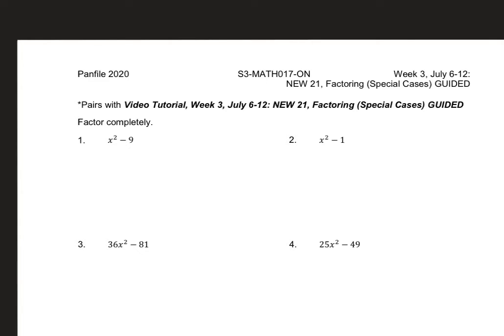But your perfect square numbers are 1, 4, 9, 16, 25, 36, 49, 64, 81, 100, 121, 144, 169, 196, and 225.